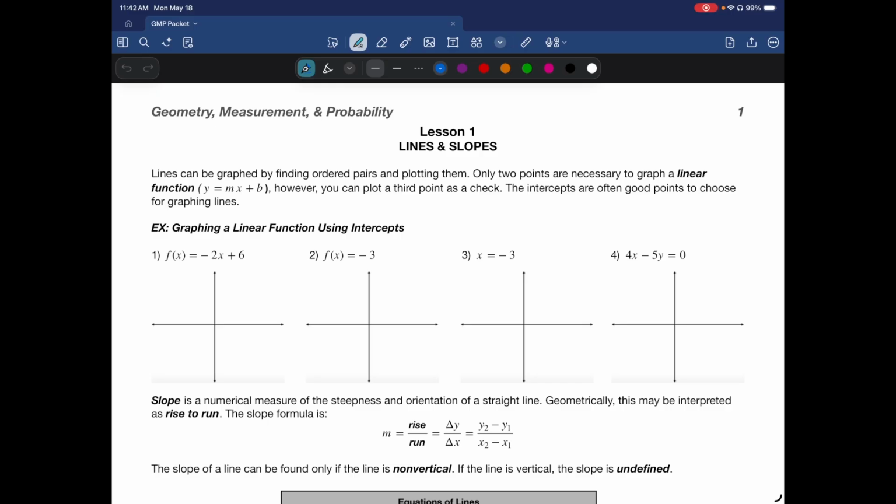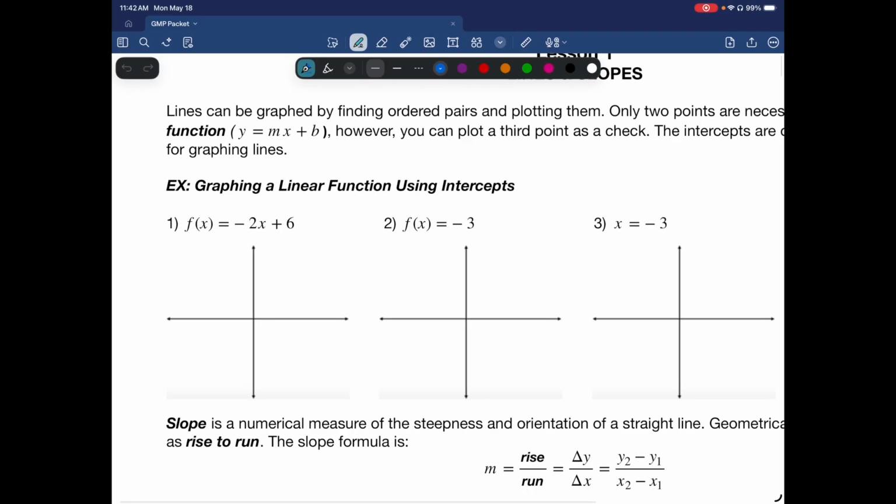Okay, so for number 1 here, we have negative 2x plus 6. All right, the plus 6 is your y-intercept, and that's your starting point. Okay, so we got 6 right here. And then if we let y be 0, we got negative 2x plus 6.